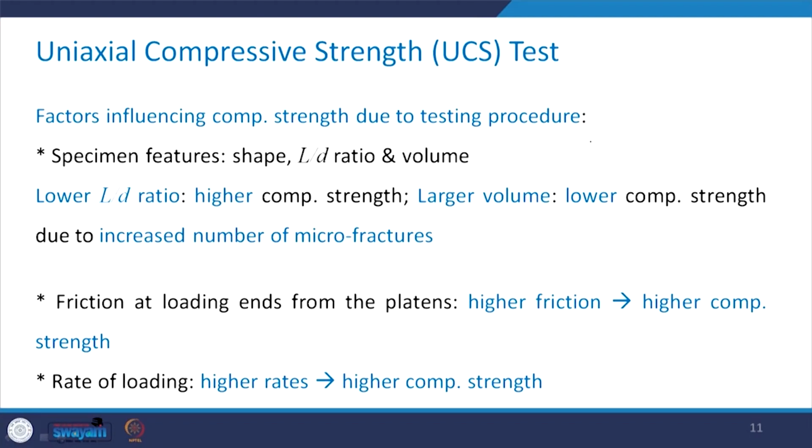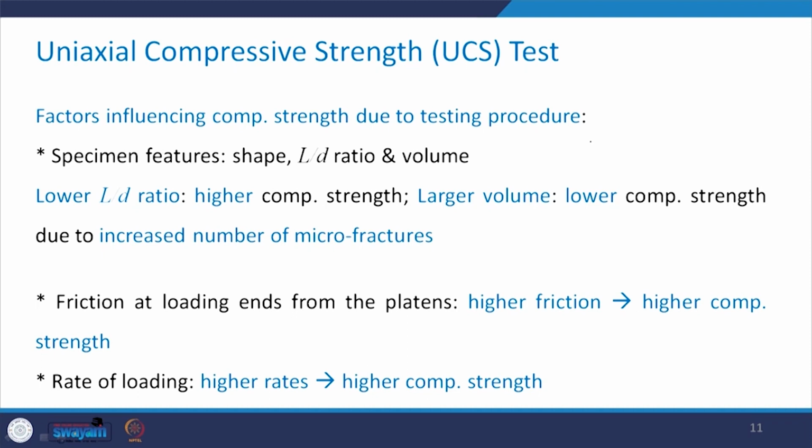There are various factors which influence the compressive strength because of the testing procedure. The first one is the specimen features. What is its shape? What is the L by D ratio? And what is its volume? A lower value of L by D ratio gives a higher compressive strength, and a larger volume gives a lower compressive strength. What is the reason behind that?